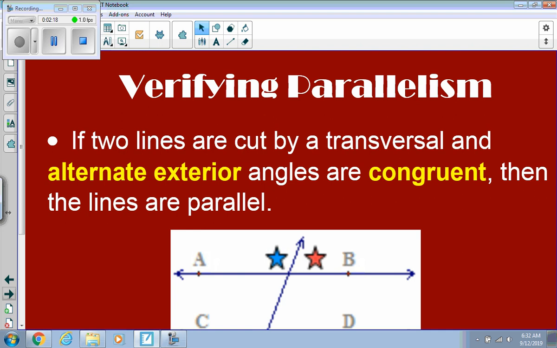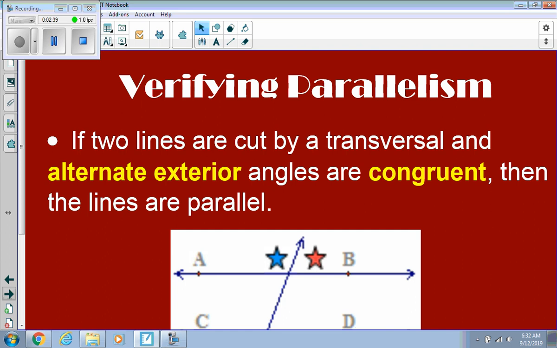Same thing with alternate exterior. If we find alternate exterior angles that are congruent, then the lines are parallel. And we can do just as we have done with all of our other ones. You put your A's and B's on there and see if your A's are equal to your A's and your B's are equal to your B's.